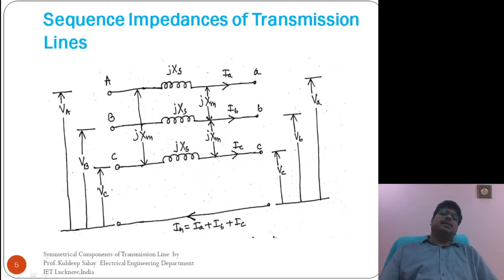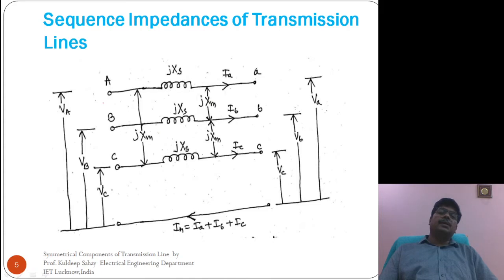So here this is a transmission line simply represented by self-reactance jXs for phase A, jXs for phase B, jXs for phase C. Since it is designed the same, the inductance of each line, the self-reactance, will be the same.